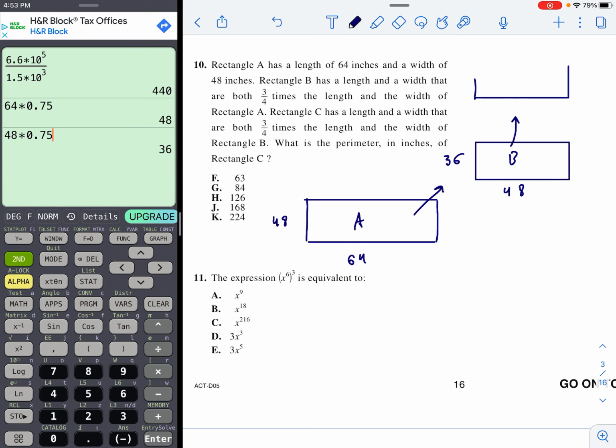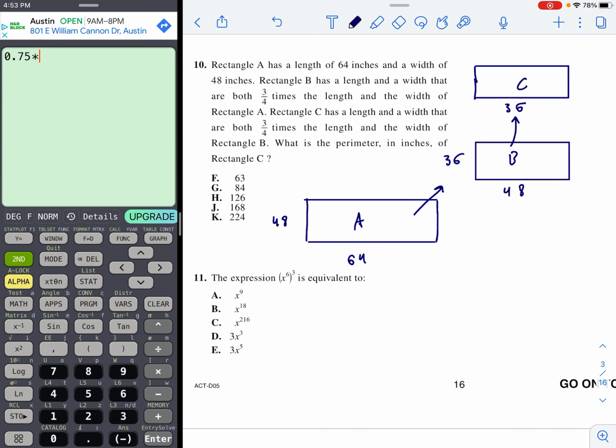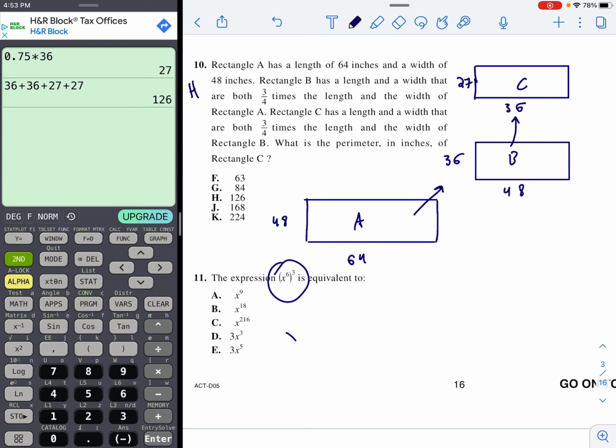So we've got a final rectangle C, which times 3/4 again would be 36, and 3/4 of 36 would be 27. So we have this new rectangle that has sides 36, 36, 27, and 27, giving us a total perimeter there, H, of 126.